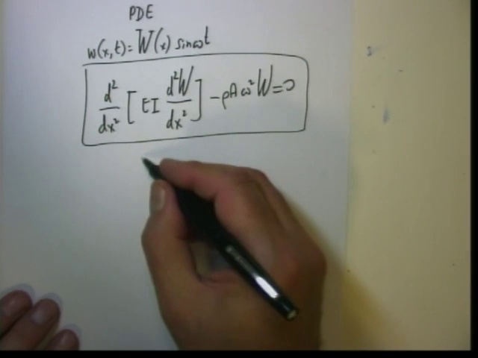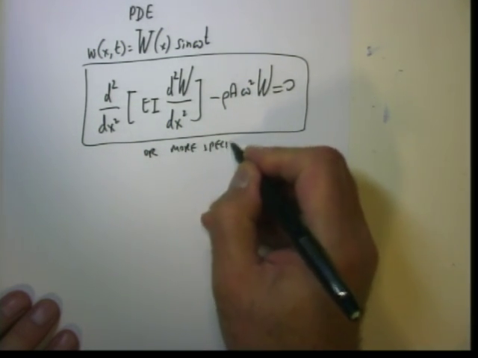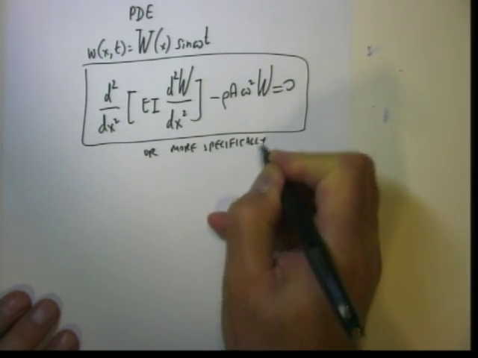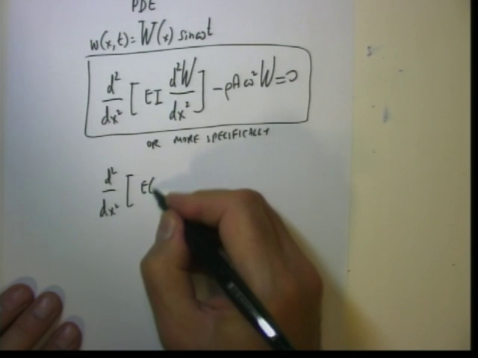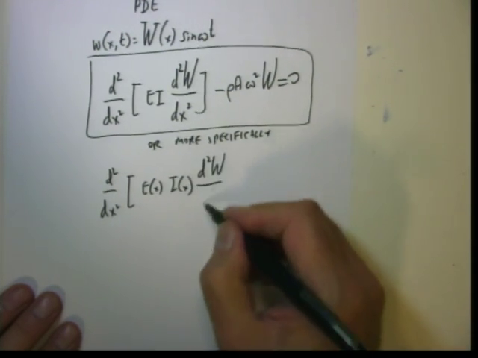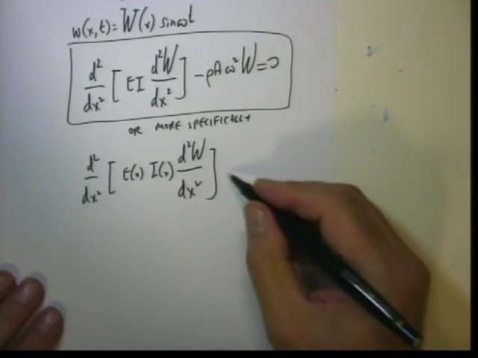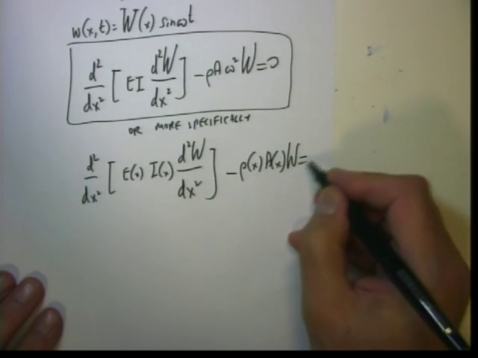Or more specifically, d2/dx2 of E(x) I(x) d2W/dx2 minus rho(x) A(x) omega squared W equals 0.